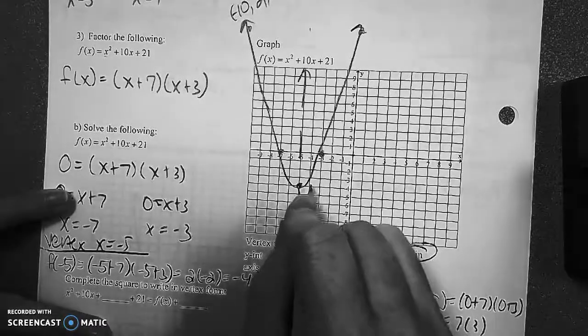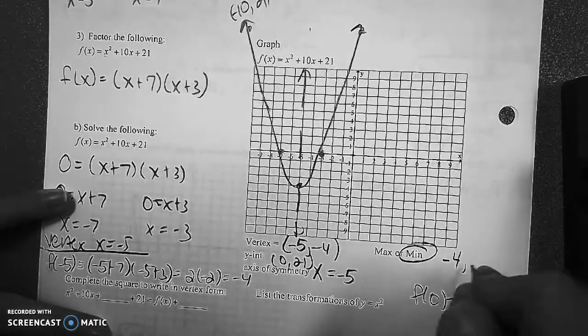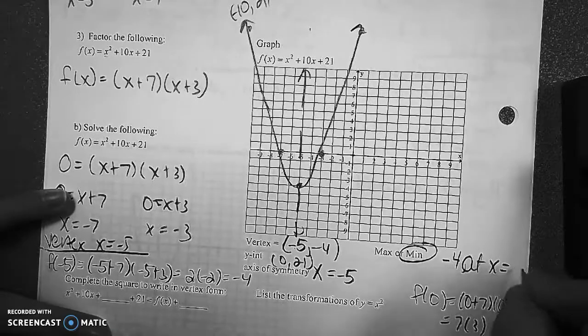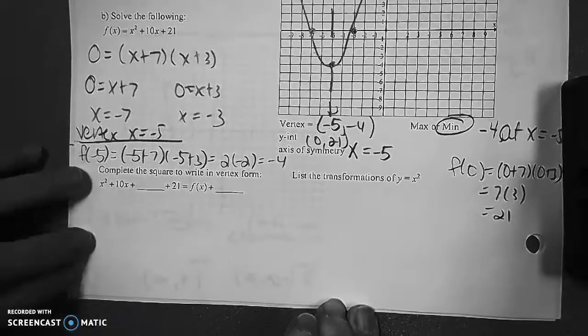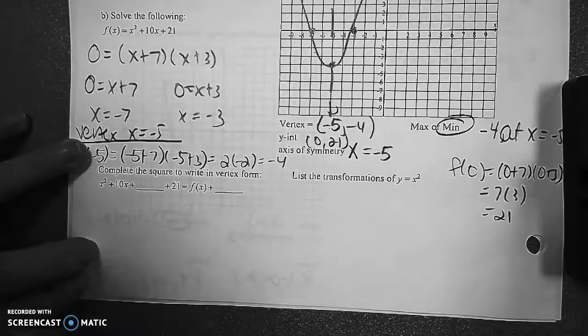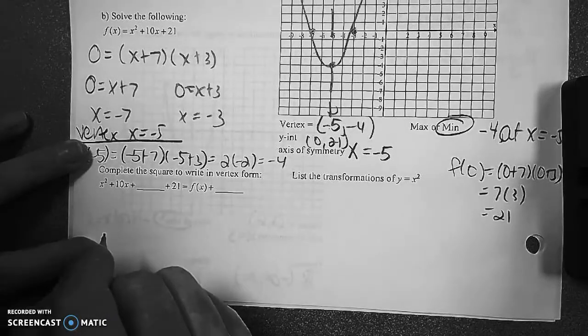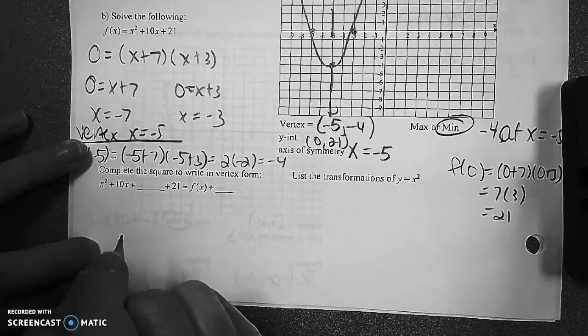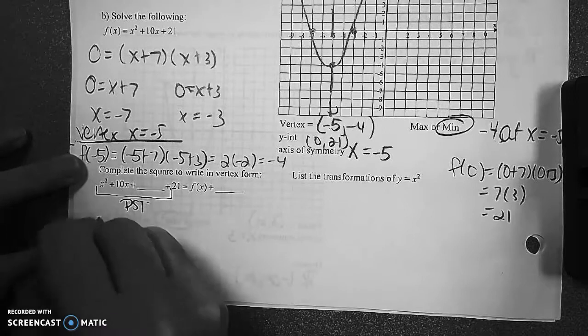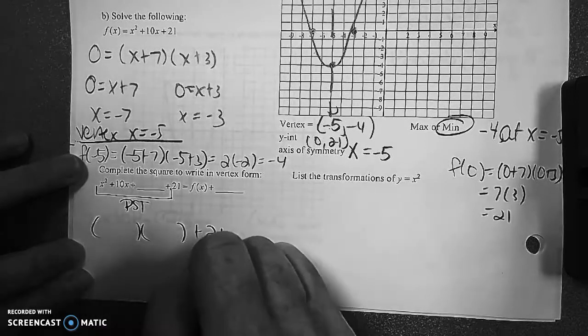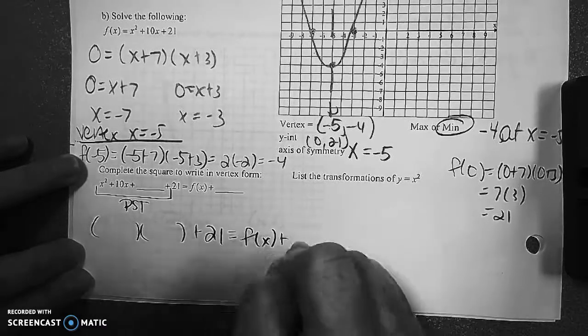This is, again, a minimum y value, so it's -4 at x equals -5. And so let's make sure that we can write this in vertex form. So again, vertex form is really just a form that you can use transformations. And to get that form, you're going to form a perfect square trinomial. So I, once again, think backwards.